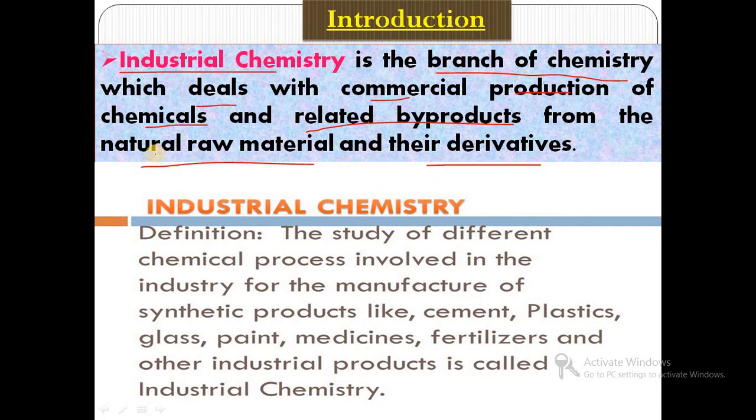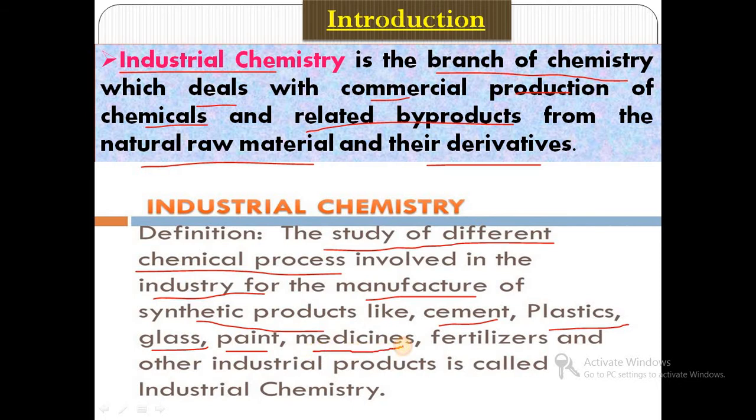Overall, industrial chemistry is the study of different chemical processes involved in the industry for the manufacture of synthetic products like cement, plastic material, glass material, paint material, various types of medicines, various types of fertilizers and other industrial products.